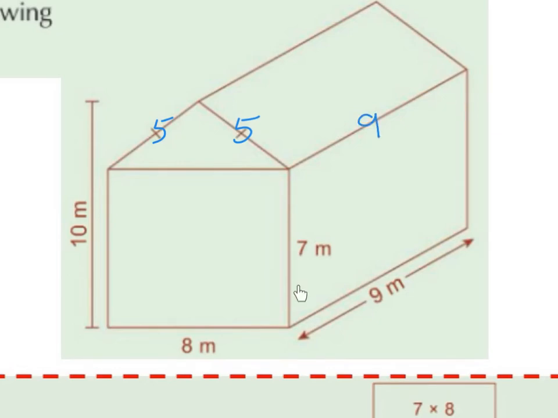I know that this is 7, so this is also 7. I know that this is 8, so this is also 8. And if this is 9, then this is also 9. And if this is 7, then this is also 7.